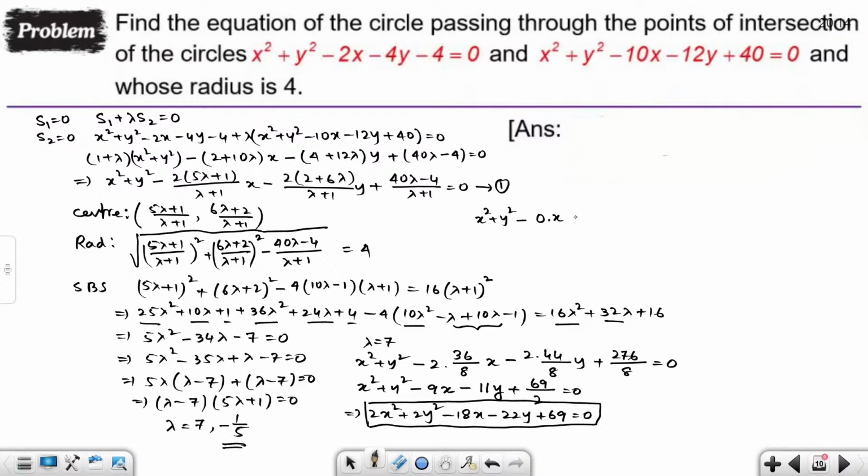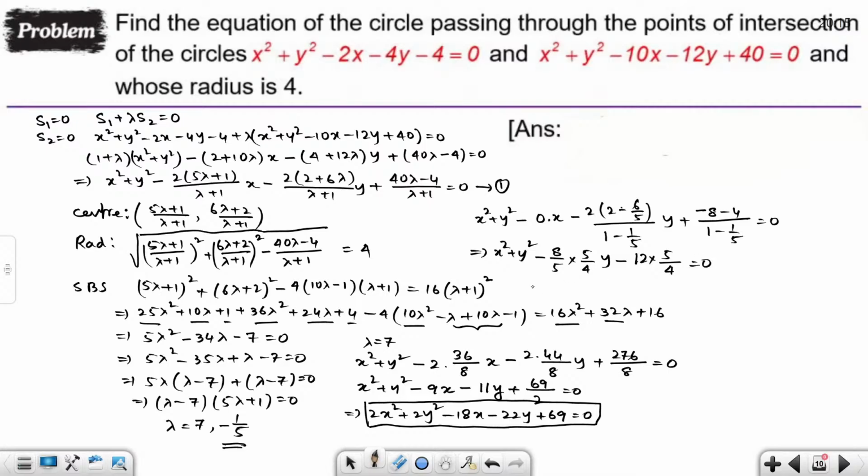this one will become 0 minus 2 times. So we are having... getting... Is it clear?